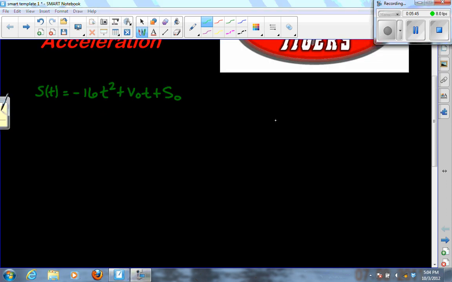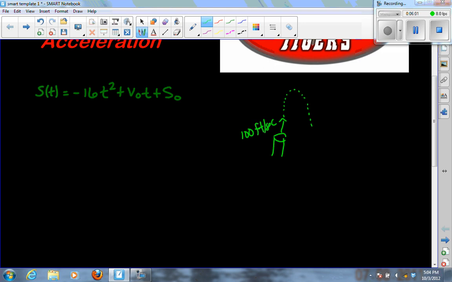So let's say the high school's t-shirt cannon shoots straight up. Let's say it shoots a t-shirt out of the cannon with an initial velocity of 100 feet per second. And that t-shirt goes up for a while and then comes back down for a while. And I wanted to know how long would it take for the t-shirt to be back on the ground.